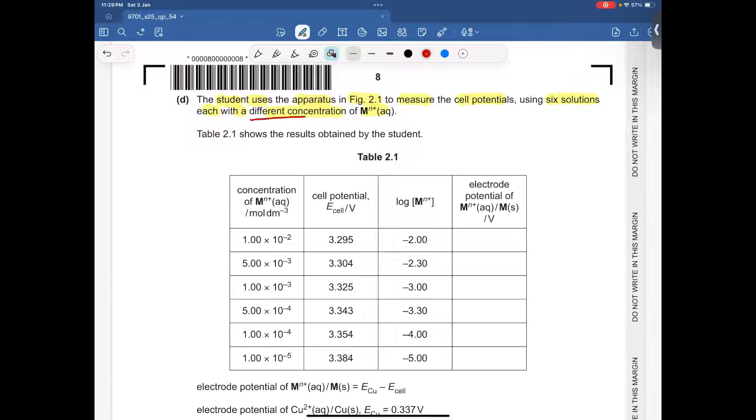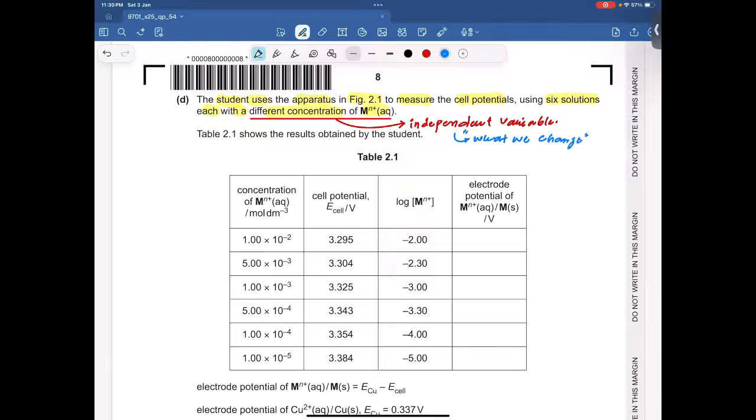By the way, different concentration of metal ion, so this is going to be the independent variable, because what we change is the independent variable, and we are changing the concentration.